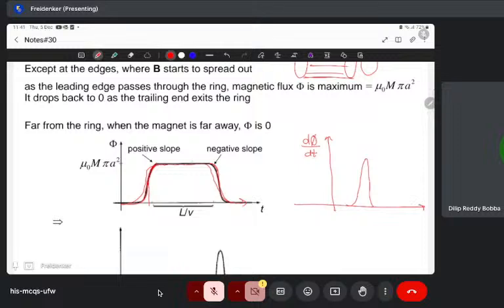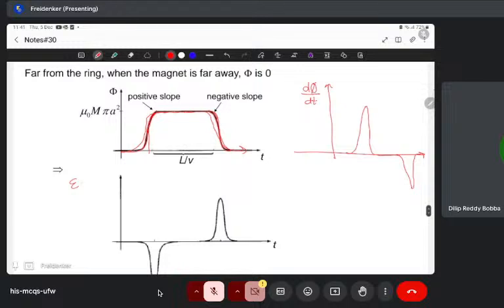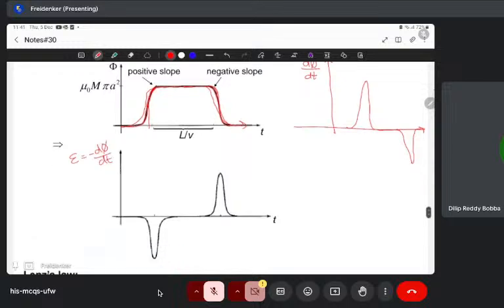So you have nothing there. Finally it starts getting negative, negative, negative, and then you will reach the maximum. Finally you will move towards zero. The slope becomes zero at the end. You'll get something like this. But EMF is minus d phi by dt, so this will be reversed.